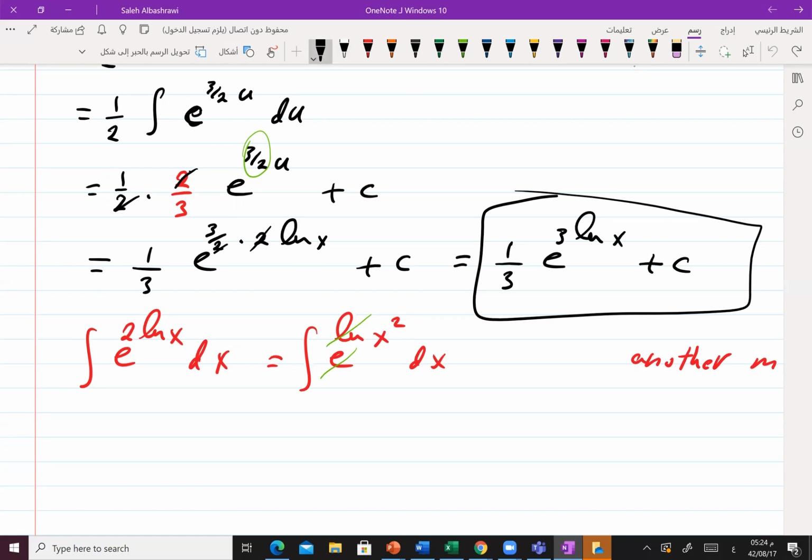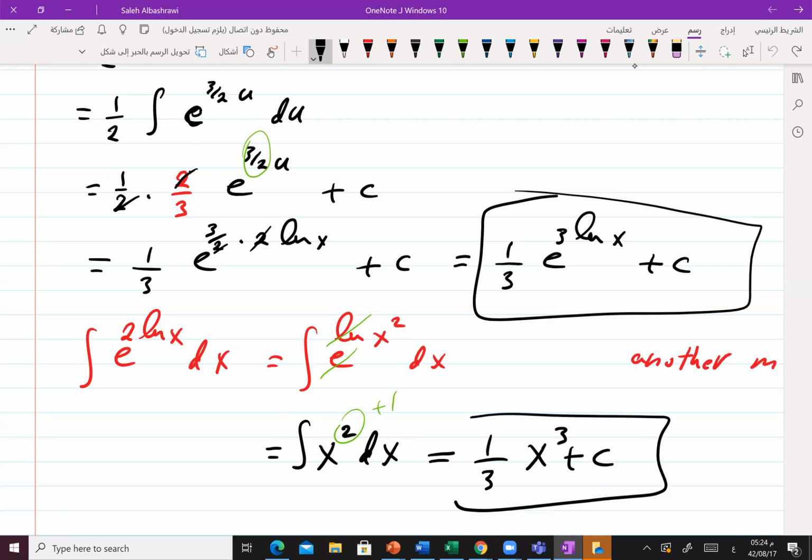So I will have in this case only x squared dx, and for the integration we add 1 to the power, it will be 3, and divide by that number, it is 1/3 x to power 3 plus the constant c. See, this one is easier. Are they the same?